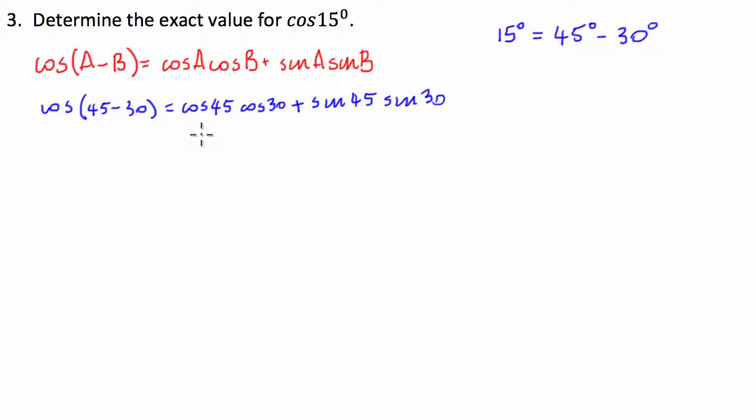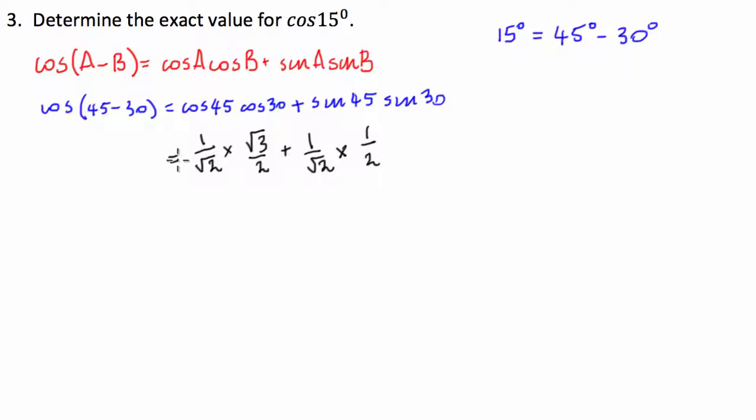So the cosine of 45 is 1 over square root 2 times the cosine of 30, which is square root 3 over 2. And we're adding that to the sine of 45, which is equal to the cos of 45, 1 over square root 2, times the sine of 30, which is a half.